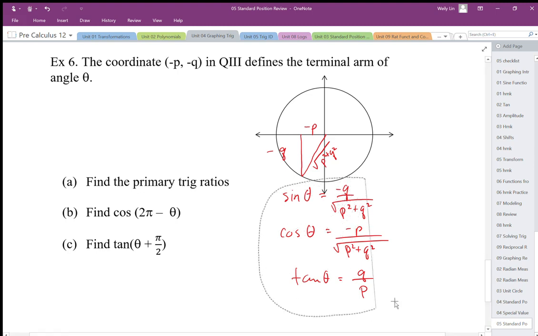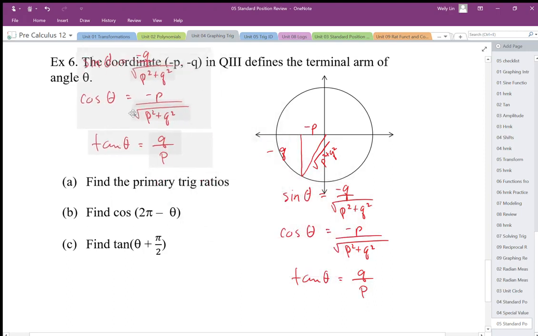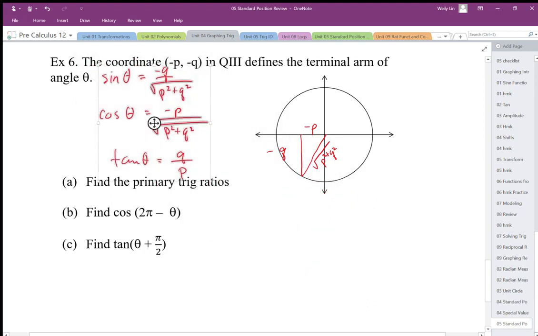I need to locate the position, find the hypotenuse, and relate sine to y, cos to x, and slope to tan. Now, to do this problem here, we have to visualize. Here is the theta that I'm talking about. I don't know exactly what that angle is because we generalized it.